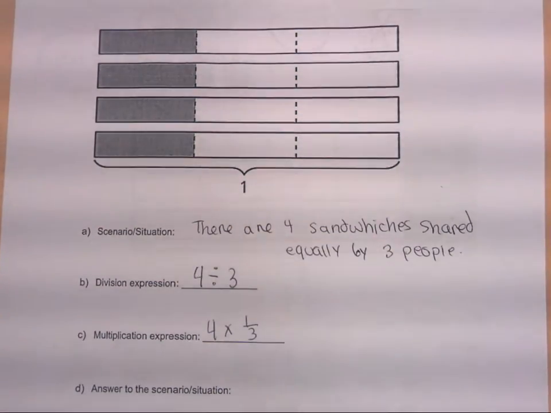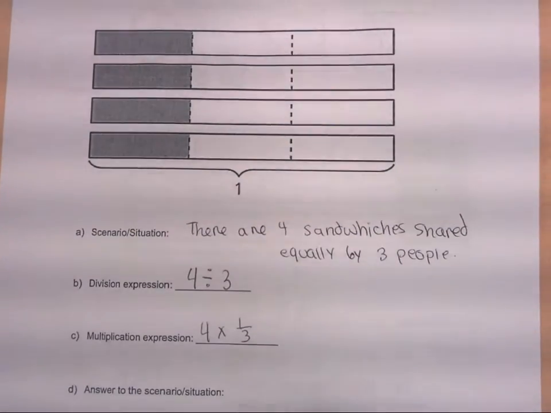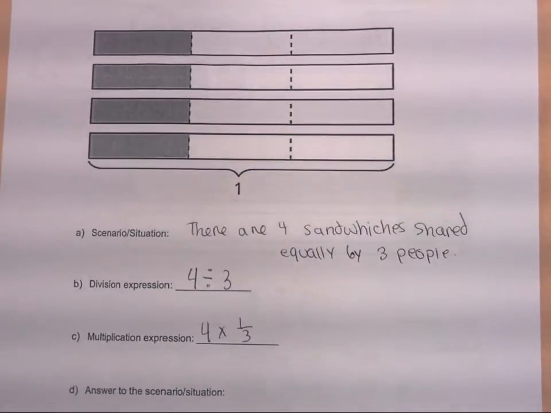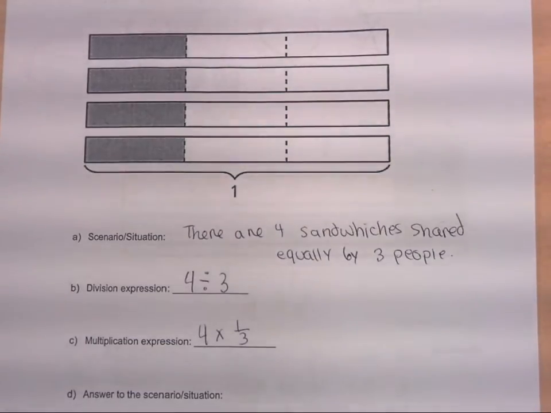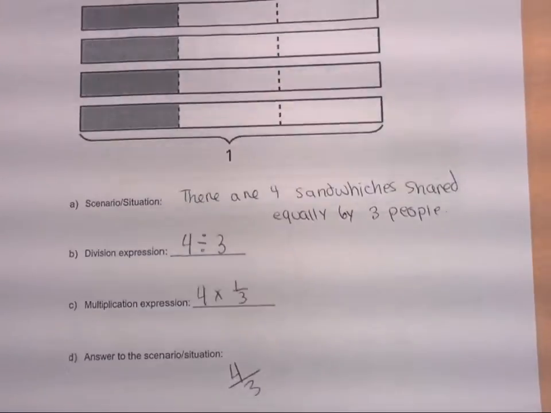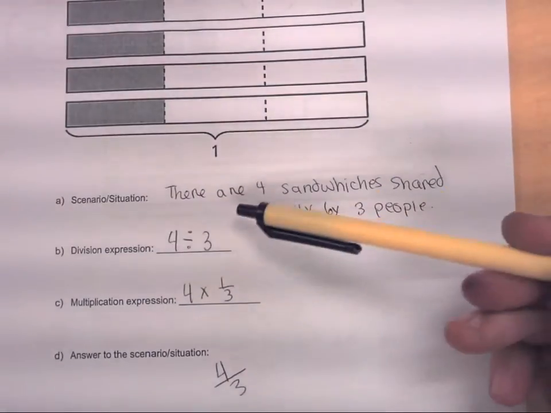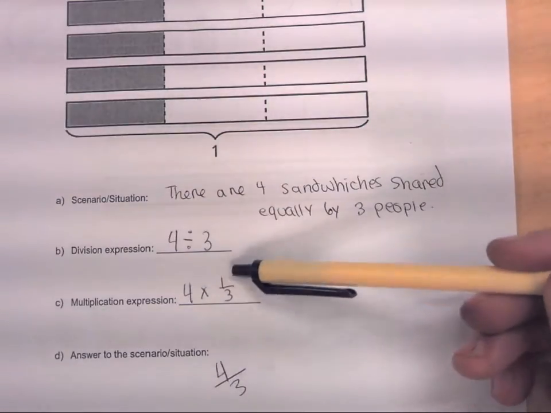Students could write another sentence and go ahead and ask, what part of a sandwich would each person get? But the question's kind of implied here. So if there are 4 sandwiches shared equally by 3 people, each person would receive 4/3 sandwich. And 4/3 is also equal to 4 divided by 3 and 4 multiplied by 1/3.